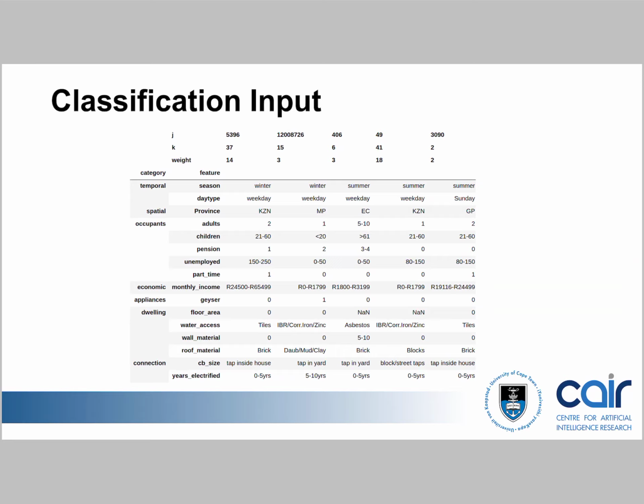So the input to the multinomial logistic regression classification was this: the columns here represent individual households. K is the cluster that we're speaking about.